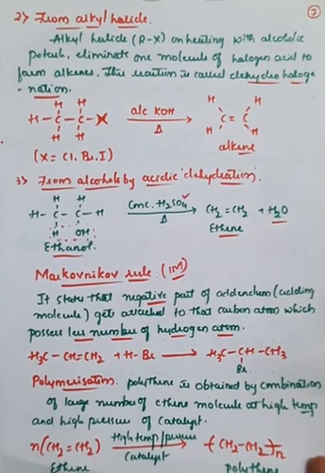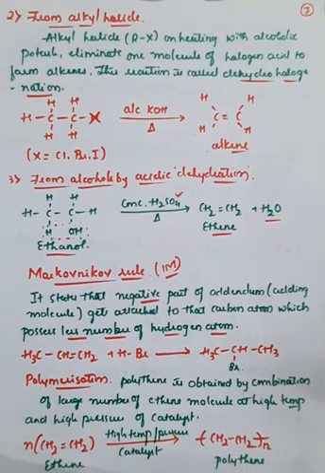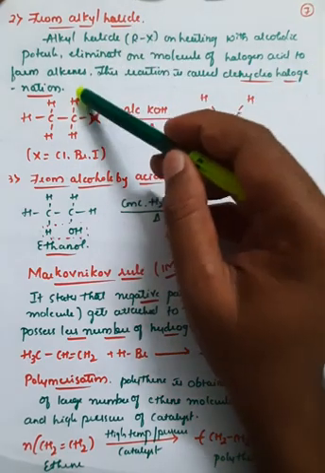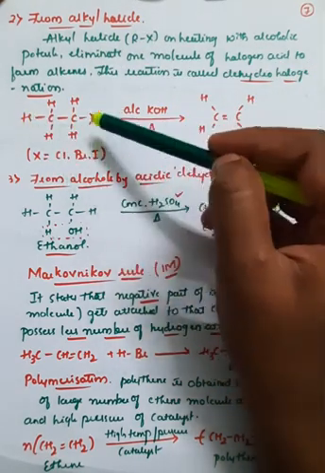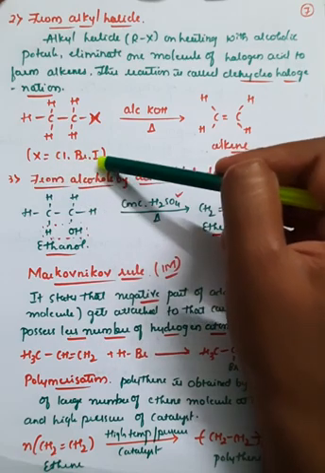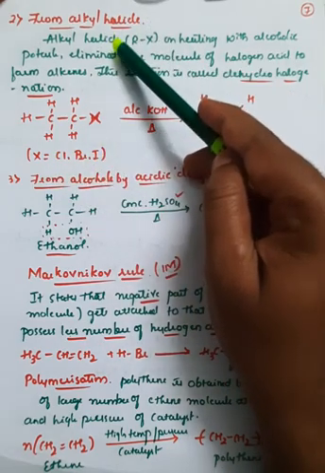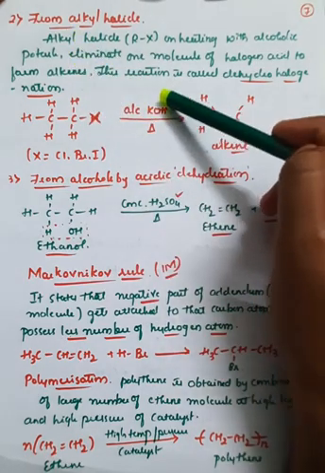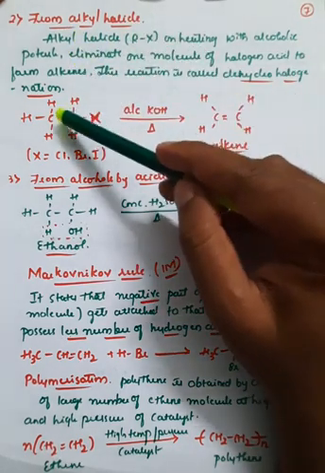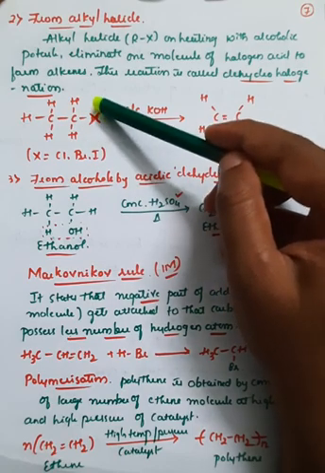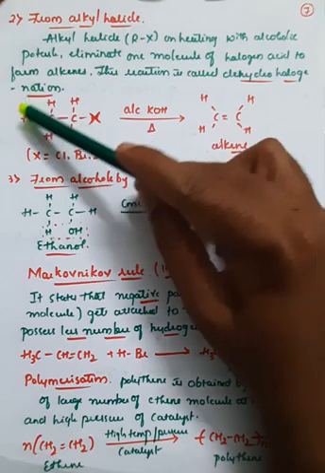The second important reaction we have seen is from alkyl halides. Generally alkyl halides are in the form RX. This complete group is called R, and there is the addition of X, where X may be chloride, bromide or iodide. On heating the alkyl halide with alcoholic potash, that is potassium hydroxide, there is removal of the halogen atom and removal of one extra hydrogen.